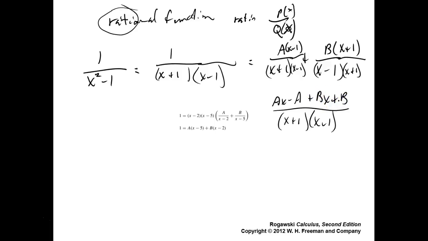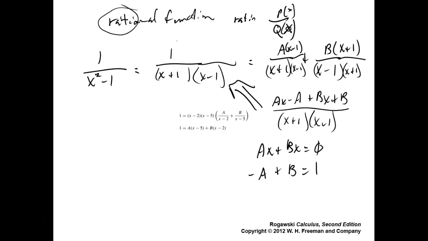Now, if that's supposed to equal that, that means that ax plus bx is equal to 0, because there is no x term over here. Would you agree with that? And that minus a plus b is equal to 1, because that's a constant term there.